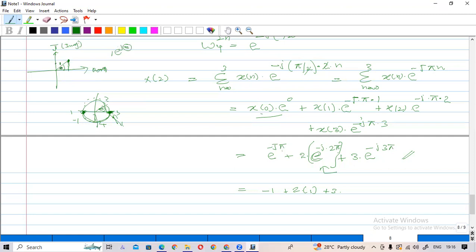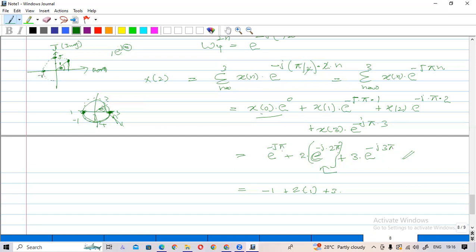The point 1 is moved to here, π/2, so that means it is j. If theta is π, now you are here, which means your value is -1.